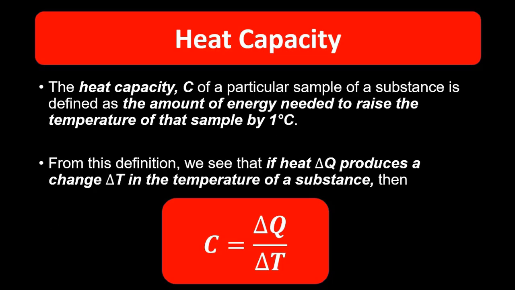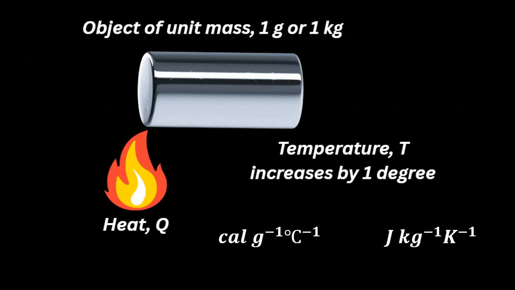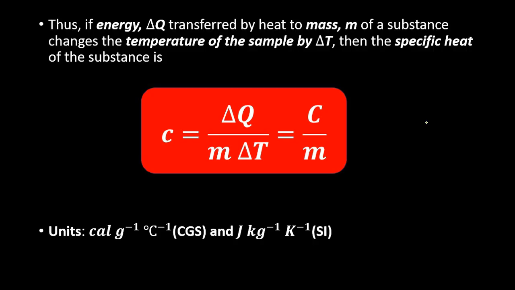If we specify a unit mass, that is 1 gram or 1 kg, then the amount of heat required to raise the temperature of a unit mass of substance through 1 degree is called specific heat. In either case, whenever there is application of heat, there is always an increase in temperature. This is the basic law.